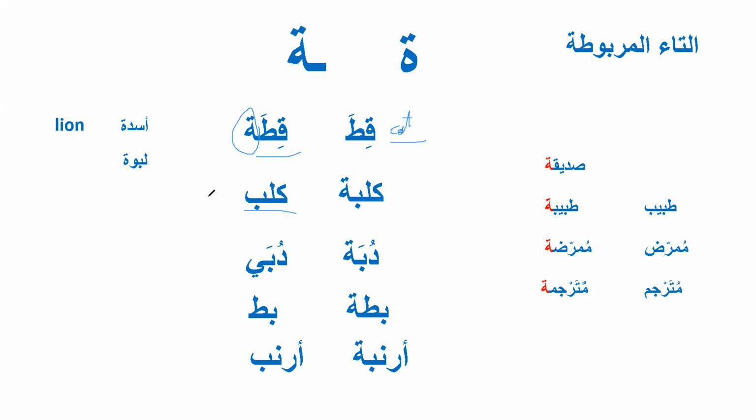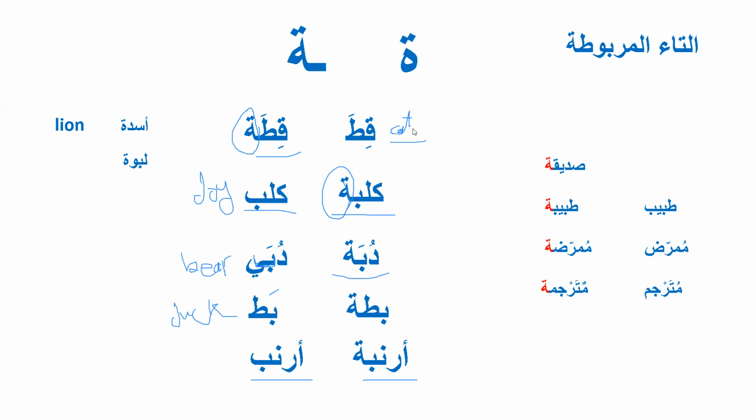Kalb means dog, and when we say kalba, it means a female dog. And dub, we have a mistake here, it's dub. Dub means bear, and when we say dubba, it means the female bear. And also bat, a duck, and batta, arnab, and arnaba. Okay.